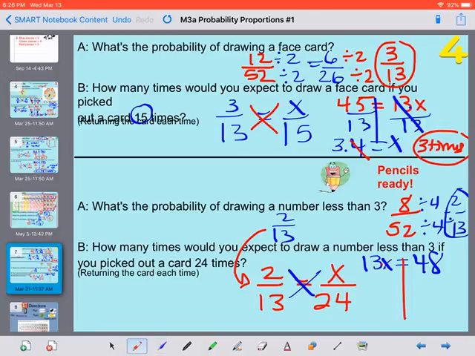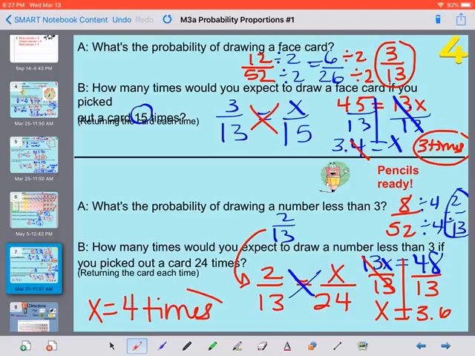And then our last step, the opposite of multiplying by 13, is dividing by 13. So we have x equals 48 divided by 13, which is 3.6, which we would round to 4. 4 times you should pull out a card that is less than 3.